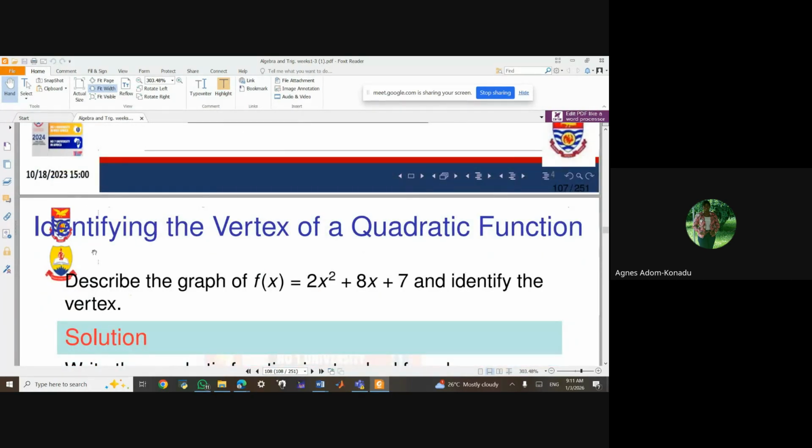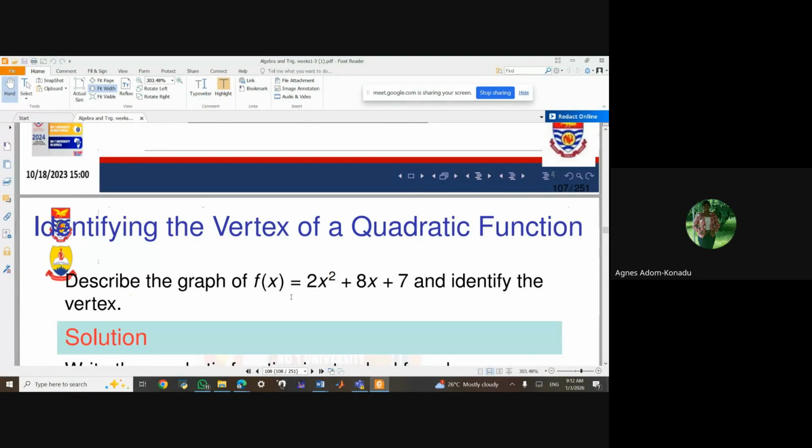So the standard form is like this, as I mentioned. Now we want to identify the vertex of a quadratic. First, we have a question: we want to describe the graph of this function and identify the vertex. Looking at this, what is my a? A is 2. Is it positive or negative? Positive.